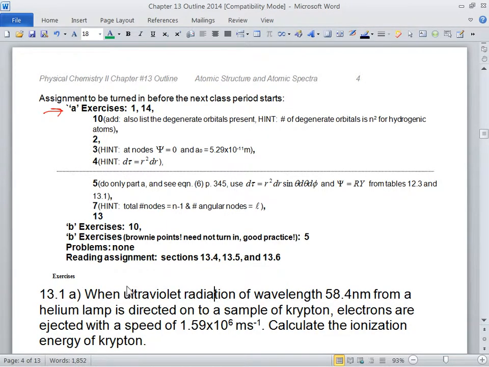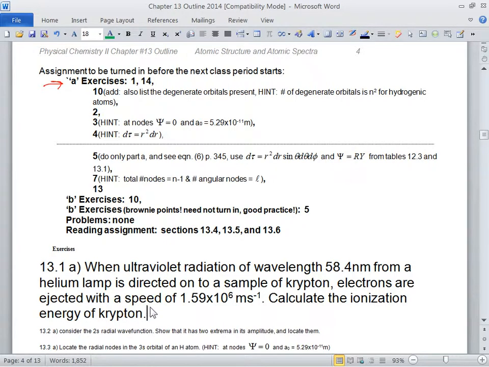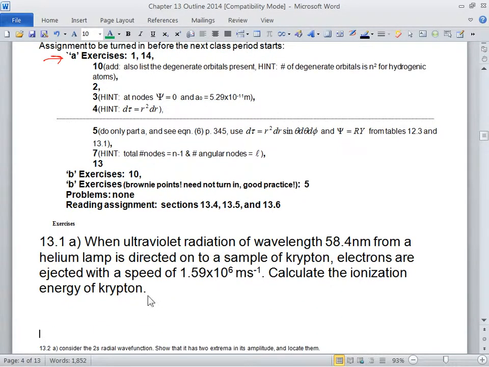Here's the first one. When ultraviolet radiation of wavelength 58.4 nanometers from a helium lamp is directed onto a sample of krypton, electrons are ejected with a speed of 1.59 times 10 to the 6 meters per second. Calculate the ionization energy of krypton.